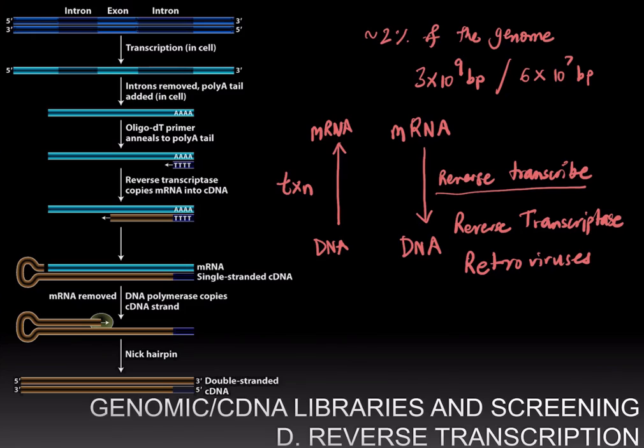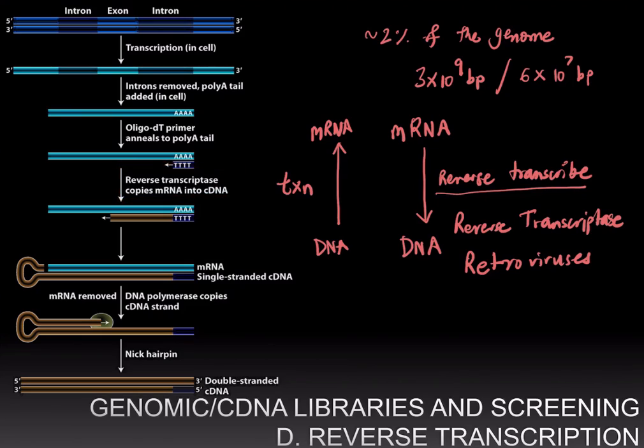And so in order to isolate the DNA of this gene, what we can do is we can take this RNA, isolate RNA from cells, and then you use what's known as an oligo dT primer, basically a bunch of thymines, and that acts as a primer to start the reverse transcription process using the reverse transcriptase enzyme.